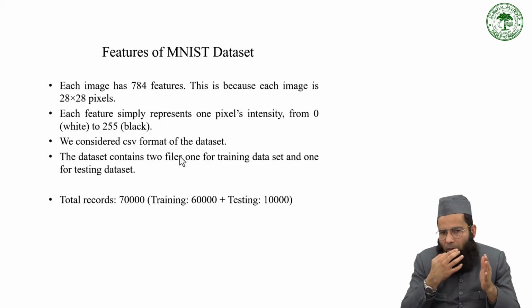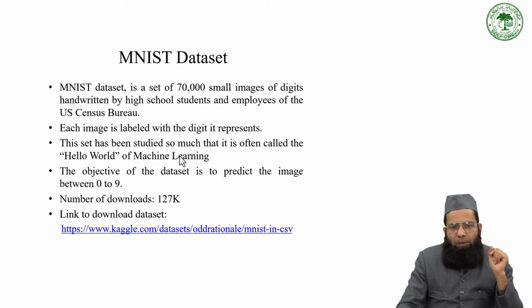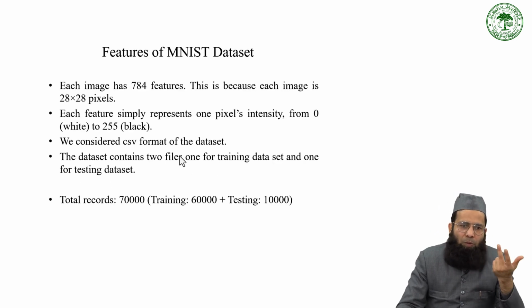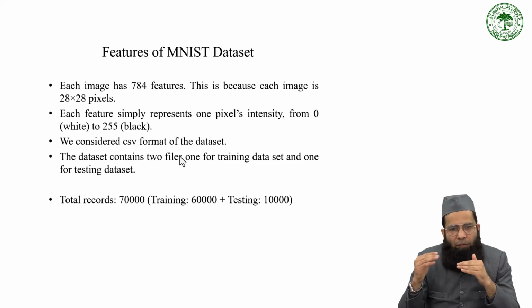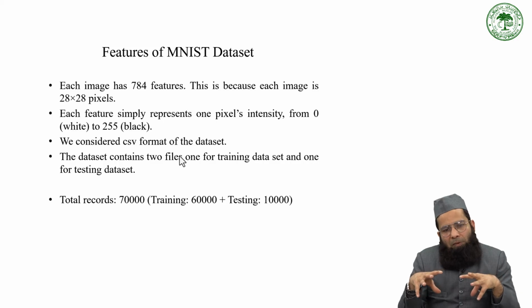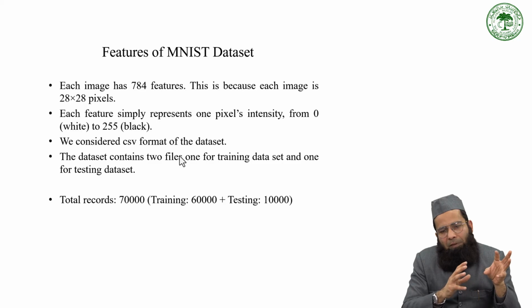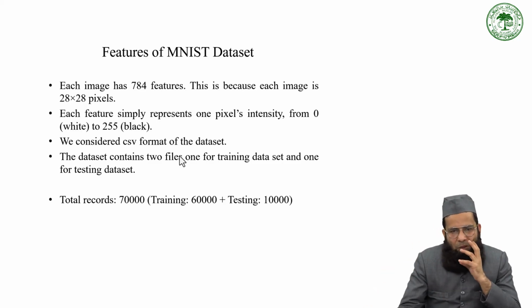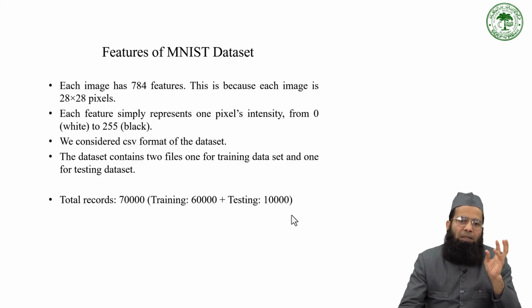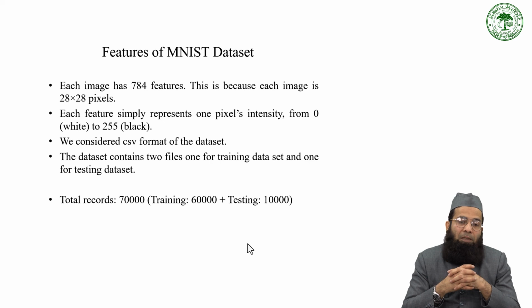When you download this MNIST dataset from the link that I have given, you will get two different files, one for training and one for testing. They have already separated the training dataset and testing dataset. The training dataset contains 60,000 records and the testing dataset contains 10,000 records. So as a whole, 70,000 records are there in this dataset.